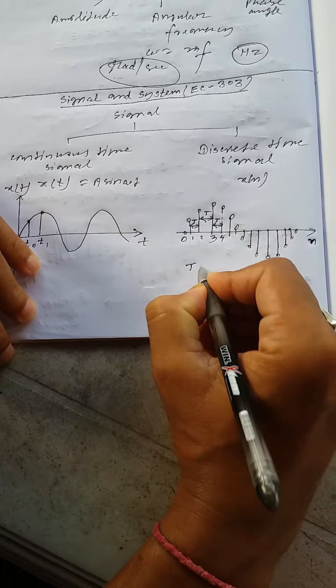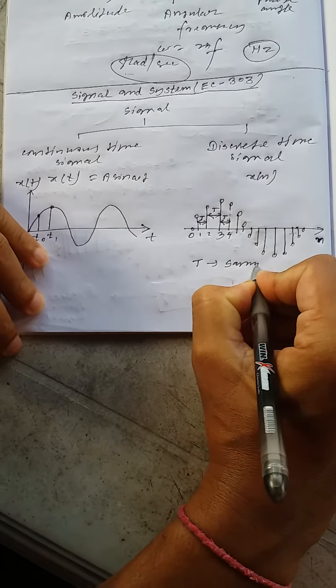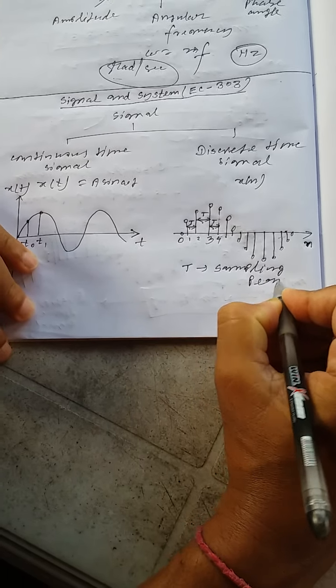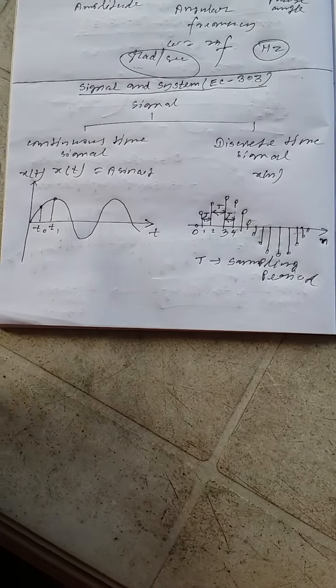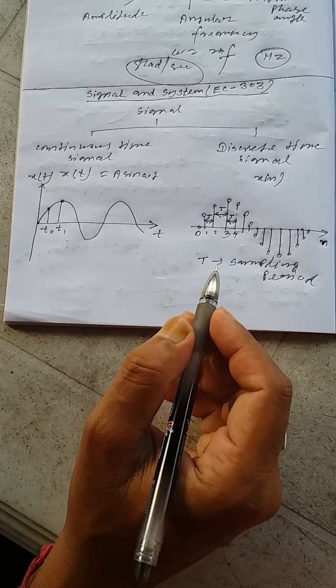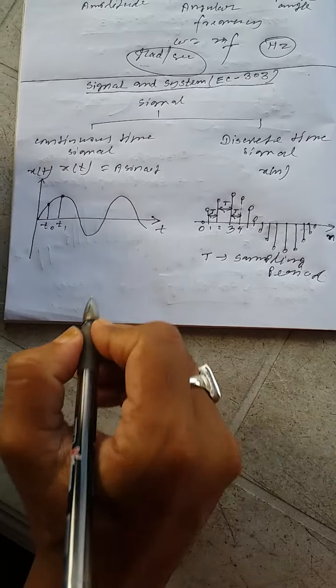Now this capital T is called the sampling period. Here we just converted a continuous time signal into a discrete time signal. The process of converting a continuous time signal into a discrete time signal is called sampling.